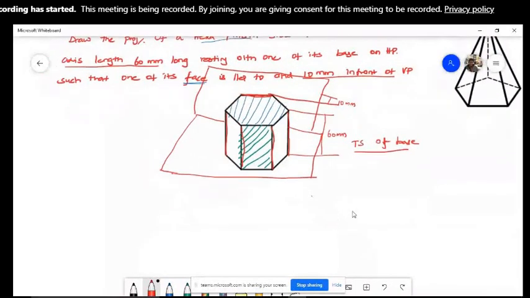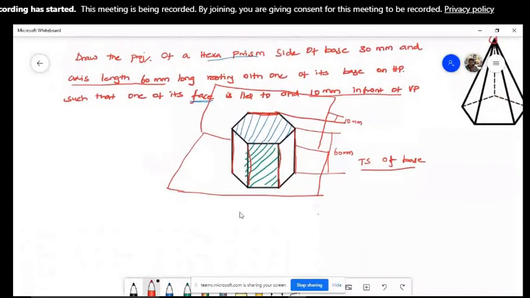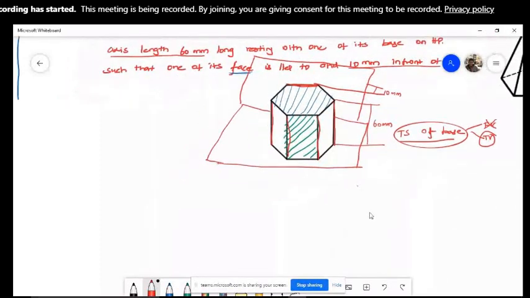Okay. So I have positioned the prism as per the given question. So my question is, in which view will the true shape of the base be visible, whether in the front view or top view? Top view, sir. Top view. The true shape of the base will be visible. So you need to start with the top view. Okay.